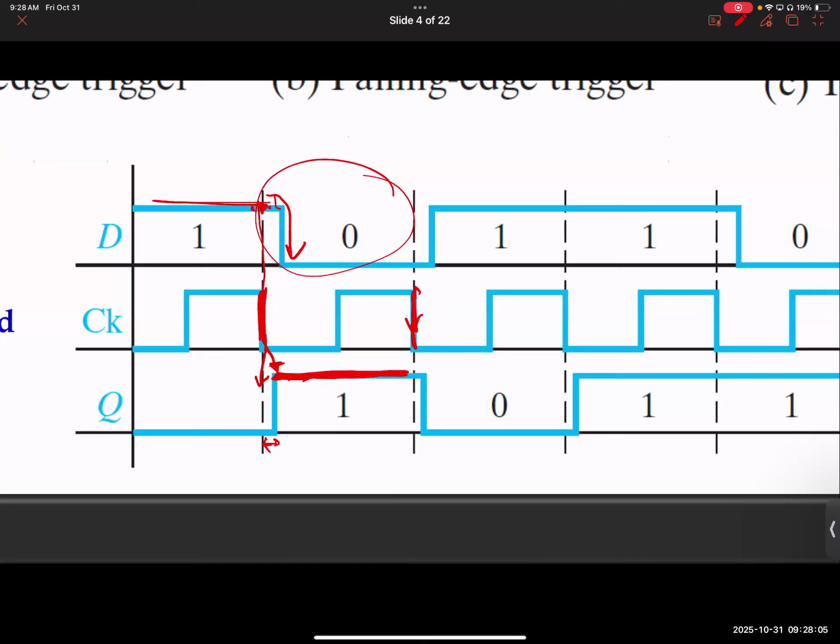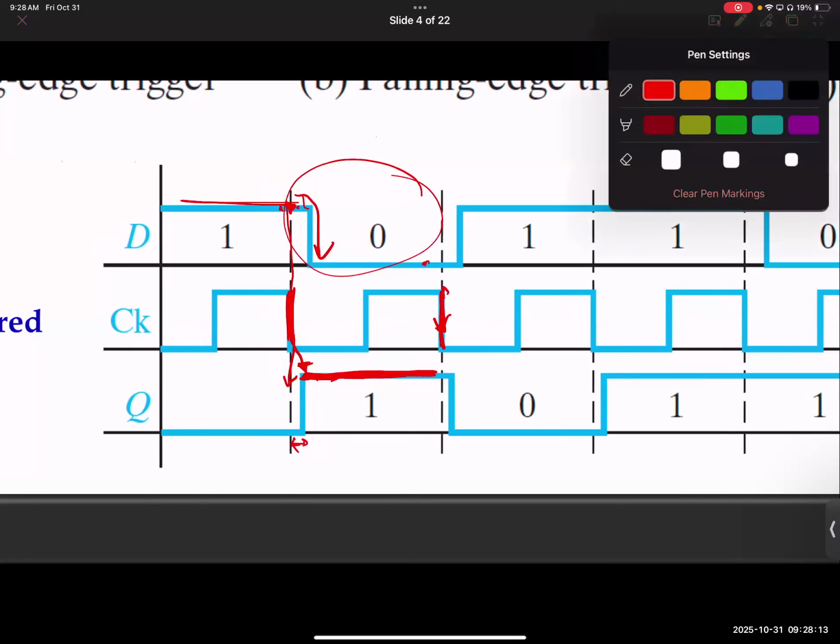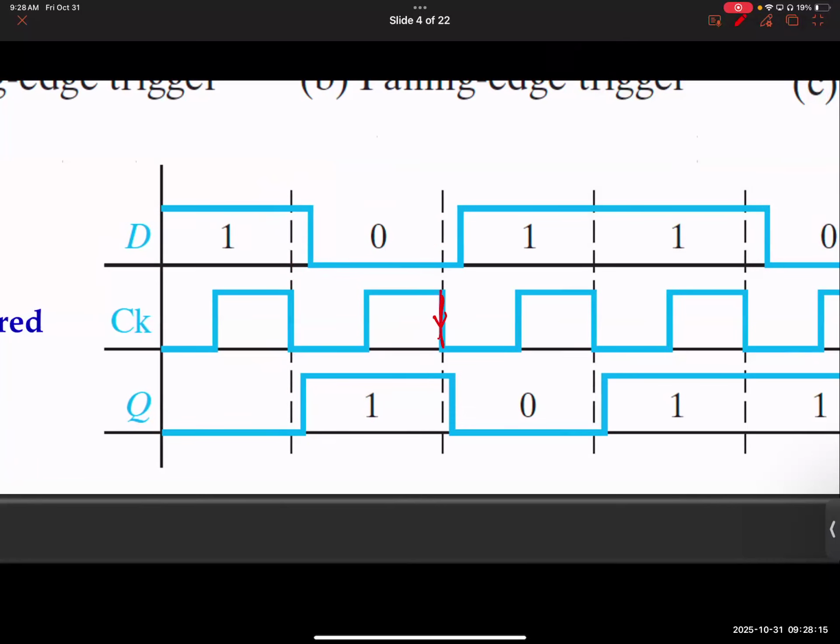So during this falling edge, let's behave like the flip-flop here, okay? It looks at the data again. What do you see? Do you see 0 or 1? At this falling edge, do you see 0 or 1? 0. So you will try to be 0. The output will try to be 0, but you don't get to 0 right away.